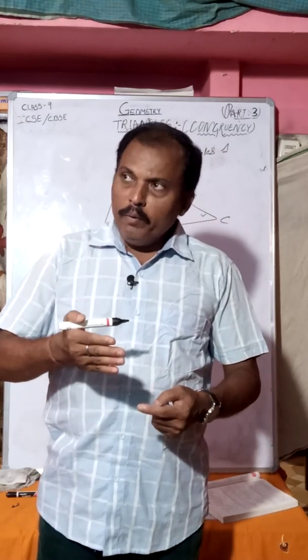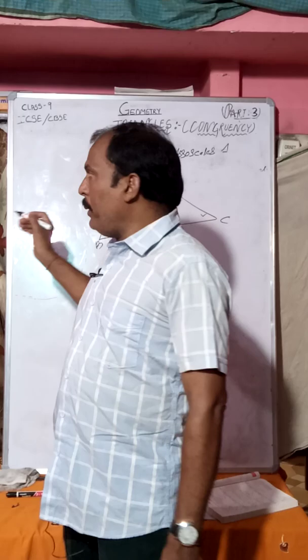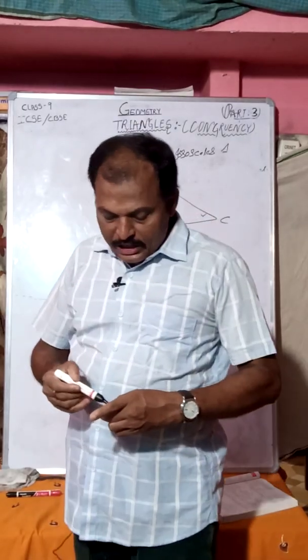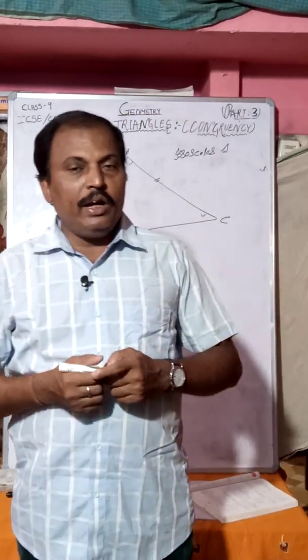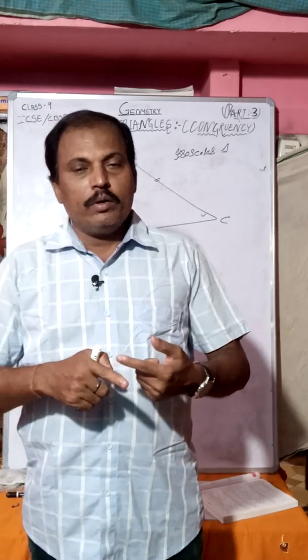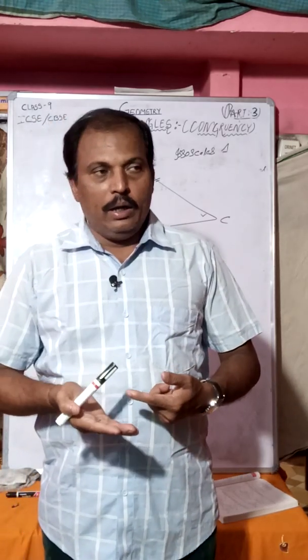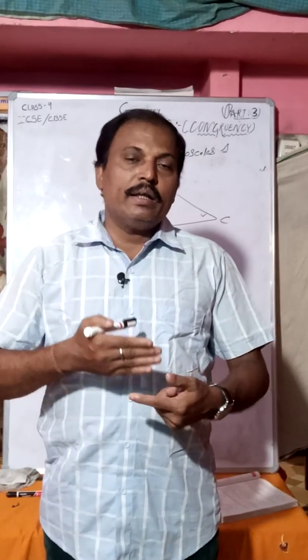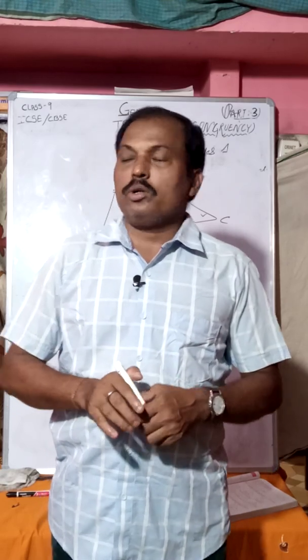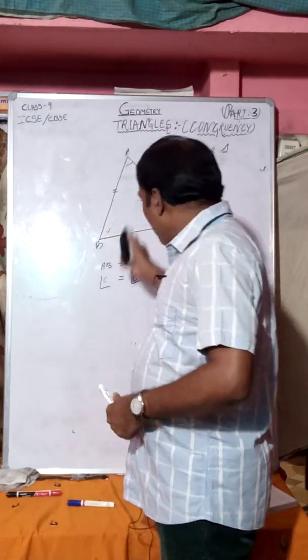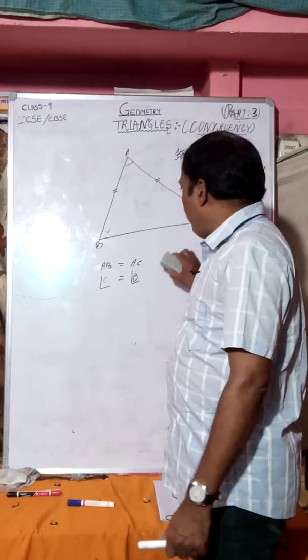So you can also write the definition. If two sides of a triangle are equal, then two angles opposite to them are equal, and if two angles are equal, then two sides opposite to them are equal. You can take down the definition.